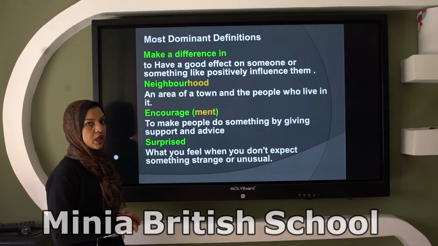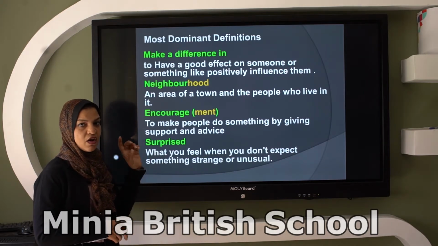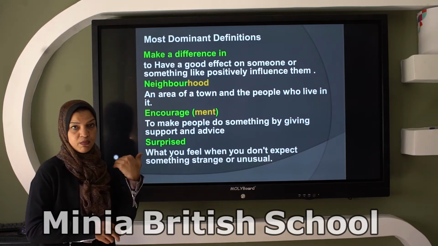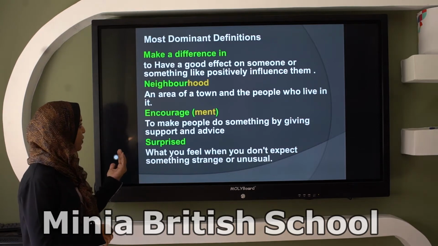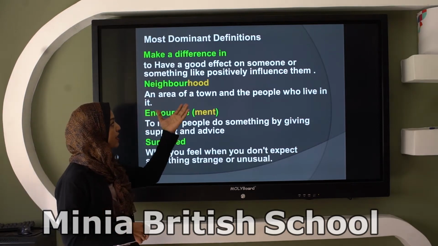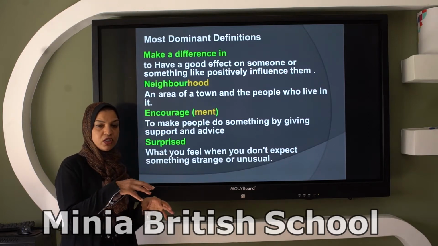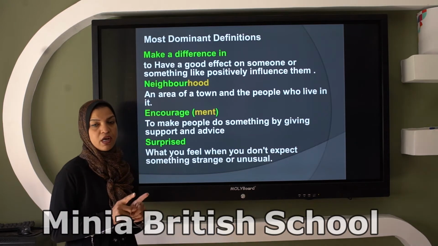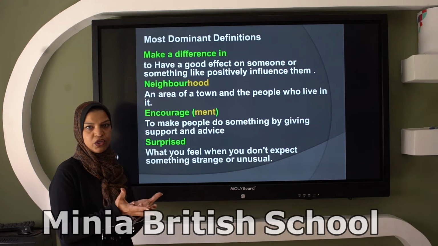Now, neighborhood, and here we can see that we have a suffix, hood, added to the word neighbor that we had before in Unit 2 to change its meaning. So we have here an area of a town and the people who live in it. If I asked you about your neighborhood, I'm not asking you only about the neighbors, but also the area where you live.